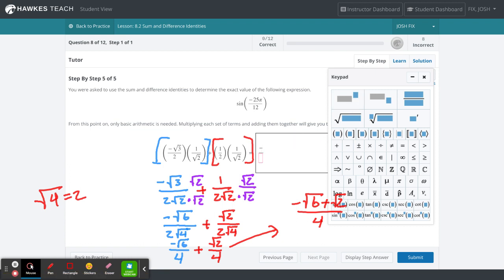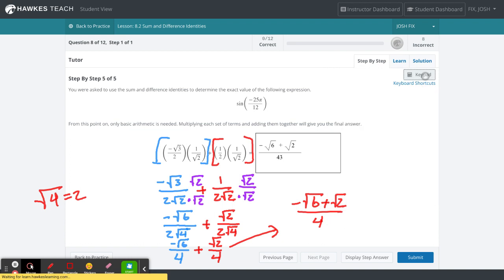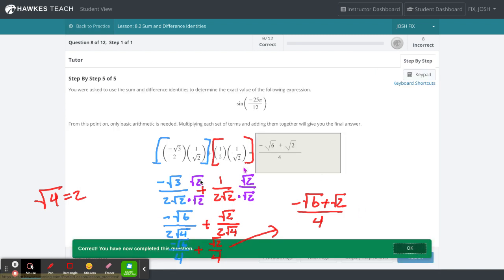We've got negative square root of 6, arrow out, plus the square root of 2 over 4. Oops, let's get rid of that 3 that got hit on there by accident. All right, we test that answer, and boom, we got it.